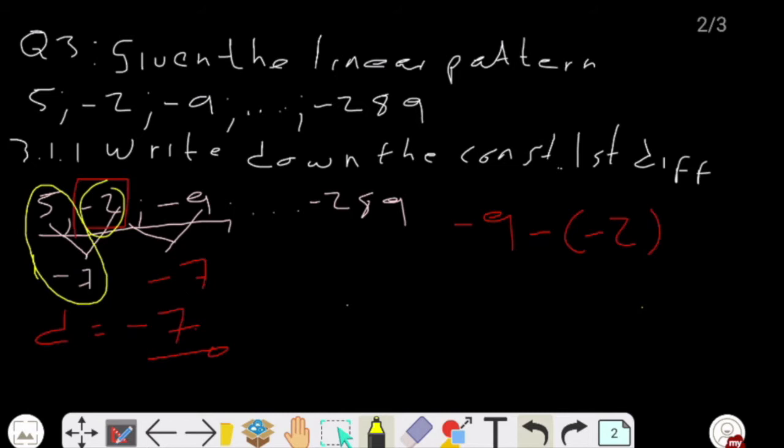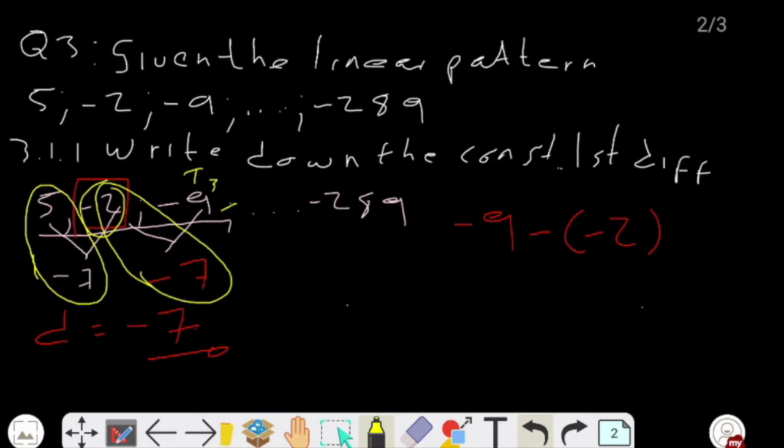Now how did you get from negative 2 to negative 9? You said negative 7, right? Now we need to find T3, which is the same. This is T3.